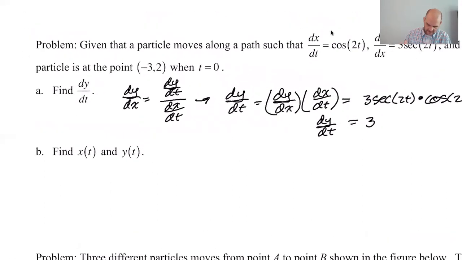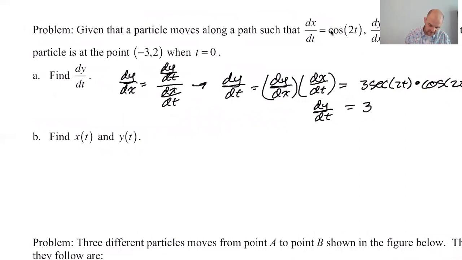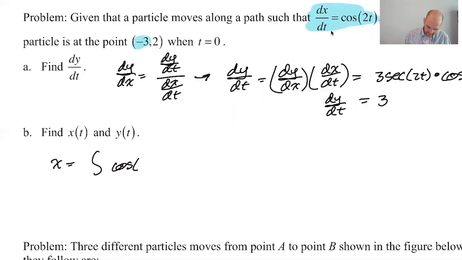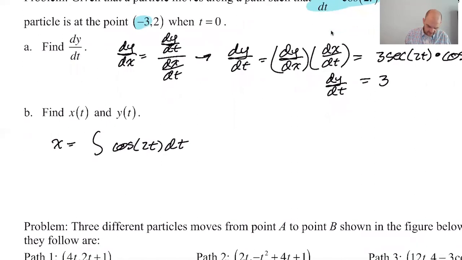All right, so we've got to find x of t and y of t. We can actually use the fundamental theorem. We know dx/dt is this. We know that x is going to be -3 when t equals 0. So x is going to be the integral of cosine of 2t dt, and then I'm going to solve for c.